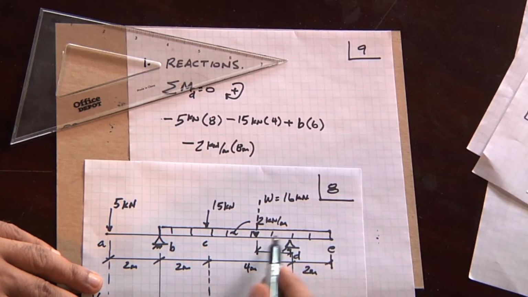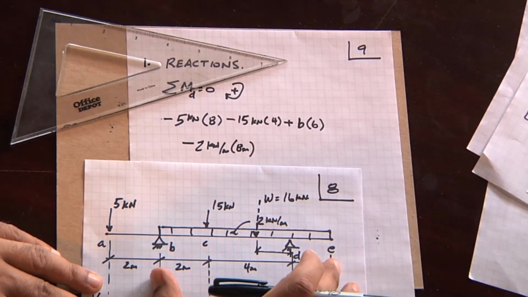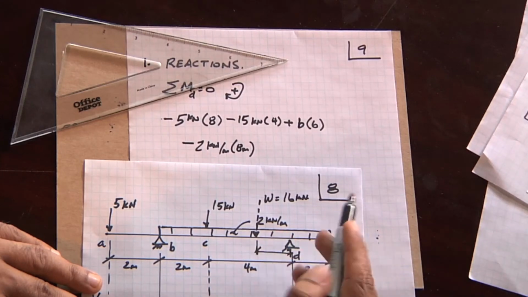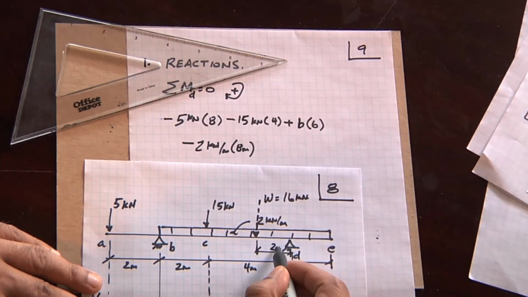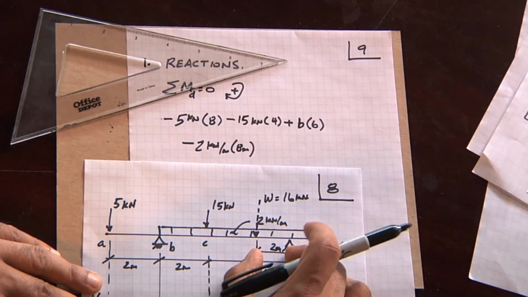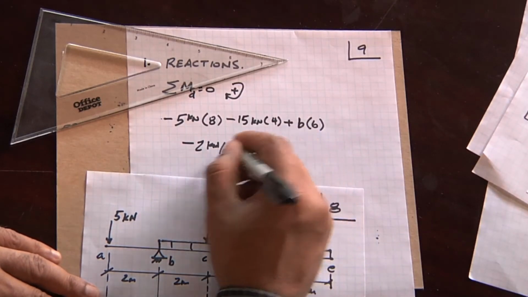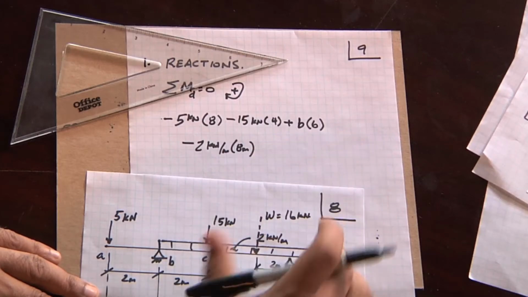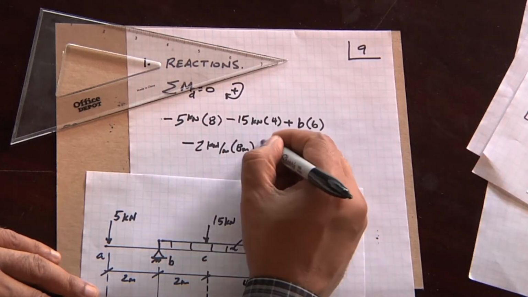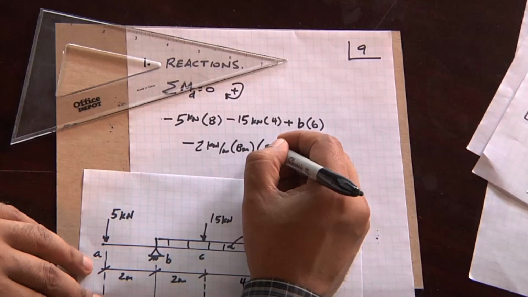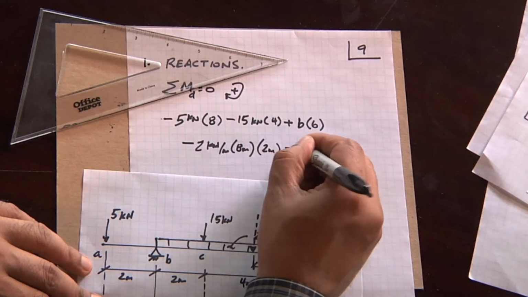Since it's at the center and the total length is 8 meters, this will be at 4 meters, so this has to be 2 meters to the reaction point, because this is at the center of gravity of that uniform load. So it's 2 times the 8 meters times the moment arm, which is 2 meters, equals 0.